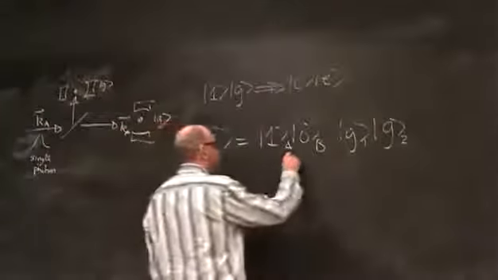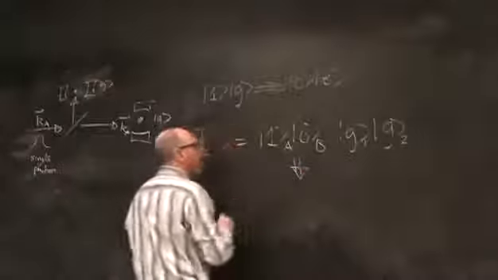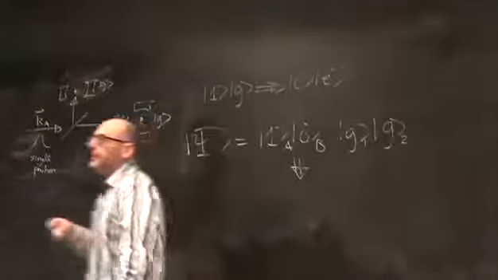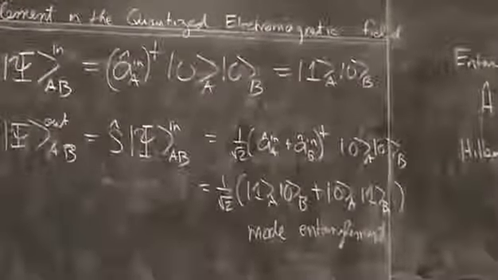Okay? Now I go through the beam splitter, and well, this state becomes this state. Right? So this becomes 1 over root 2 times the superposition.